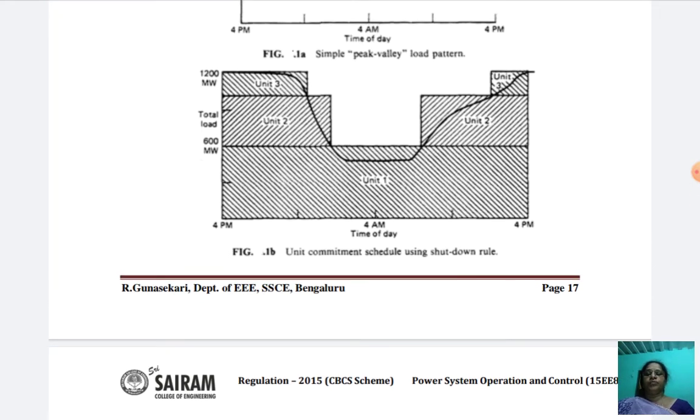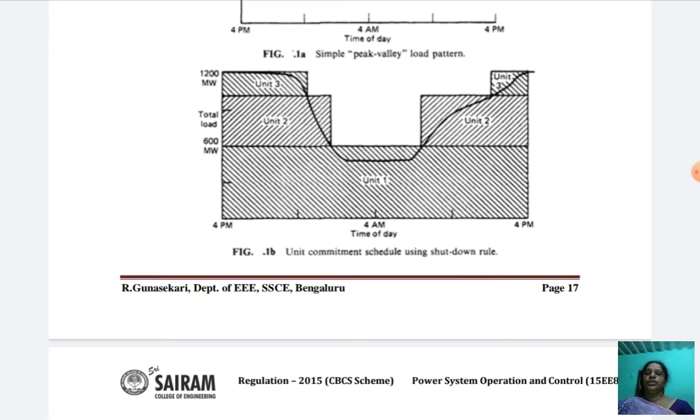Unit 1 only, that is 600 megawatt, is the minimum. So unit 1 is sufficient to meet this load demand. For example, if our load demand is 1200 megawatt, then all three units must be combined together and synchronized to meet our load demand.